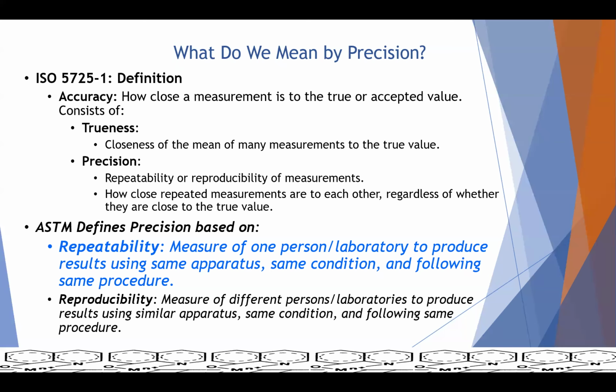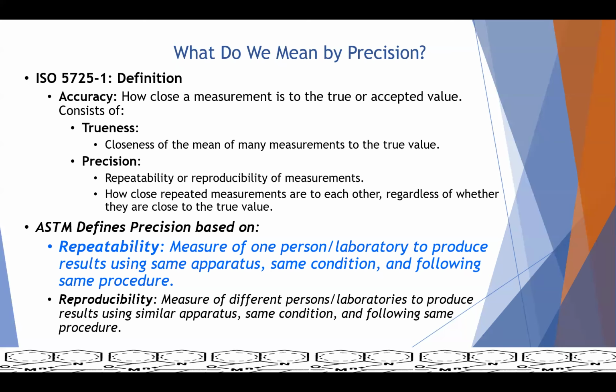And there is one other thing known as repeatability and reproducibility. Repeatability, ISO doesn't define, ASTM defines it. ASTM defines precision based on repeatability and reproducibility. Repeatability is the same person doing the same experiment using the same apparatus under the same condition and following the same procedure.